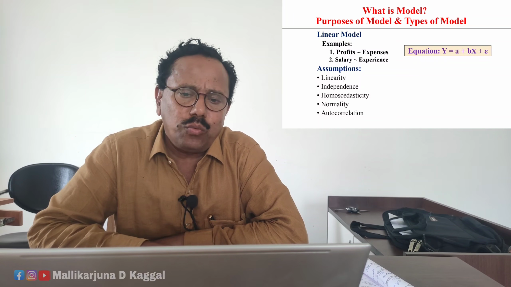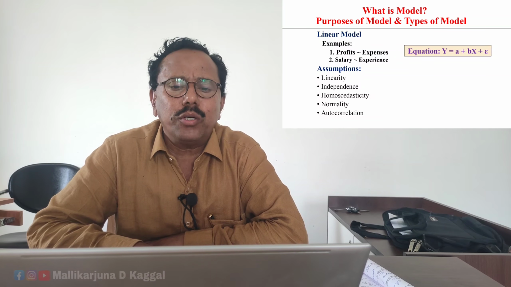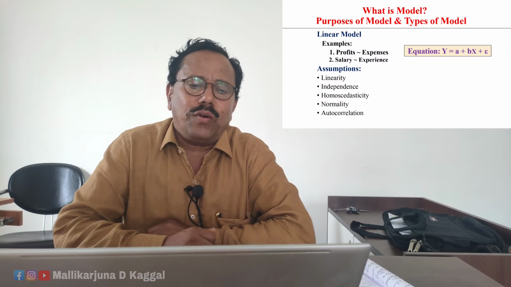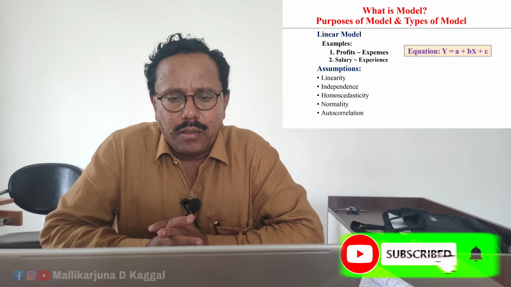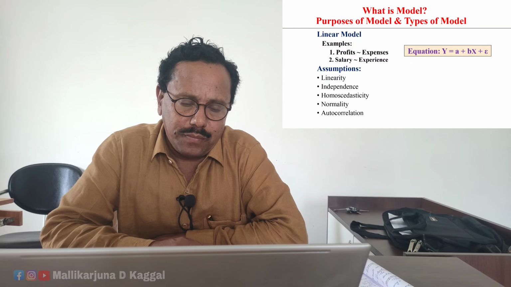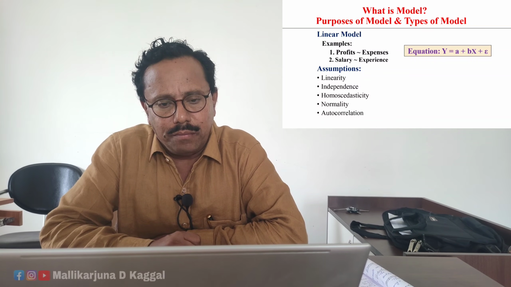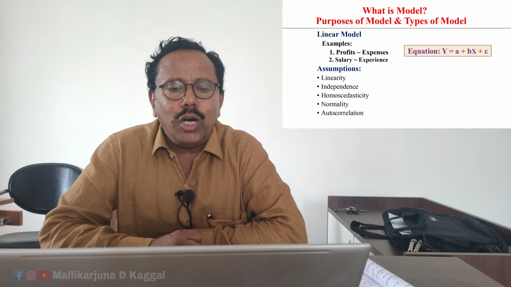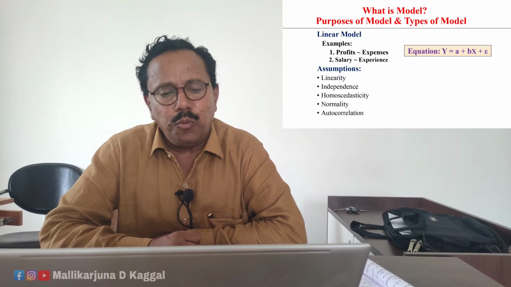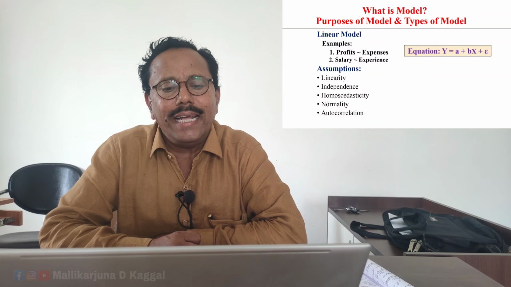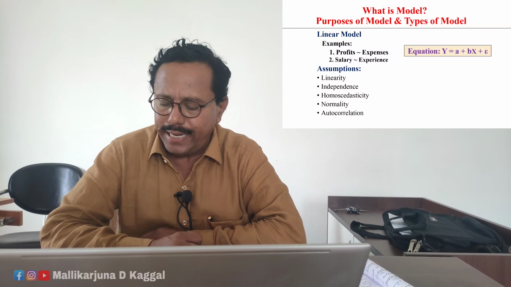Now, once the model is over, let us come to the types of model. Before that, we'll go to what is the purpose of a model. A model is used for testing the hypothesis. A model is used for predicting the observations. A model is used for supporting decision making. A model is also used for guiding the collection of data.